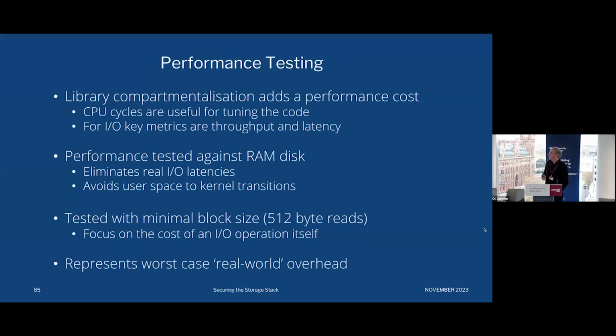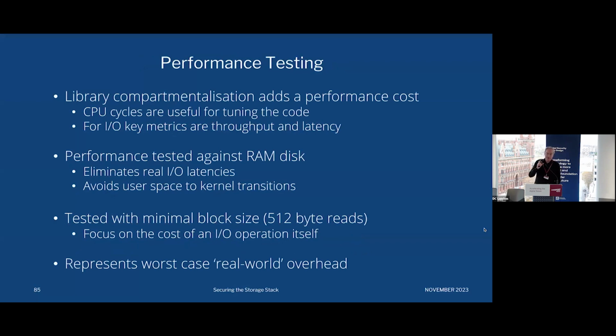Performance testing, which was one of the prime goals, to see the impact. Obviously, library compartmentalisation adds a performance cost because you need cycles for processing the transition. But for I/O, we're not so interested in how many CPU cycles have gone. We're more interested in what the impact on the latency is and the impact on the throughput.